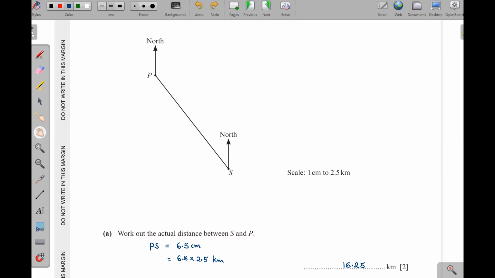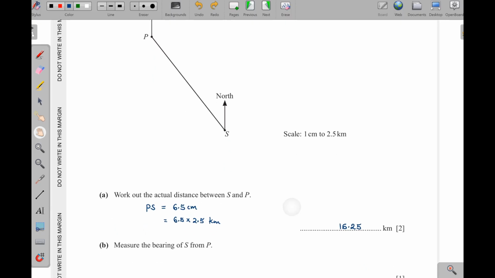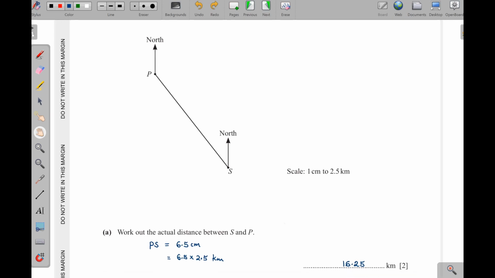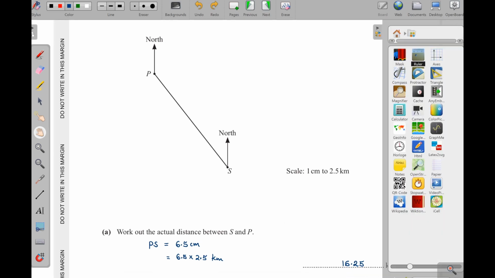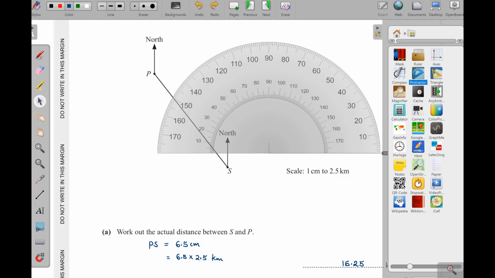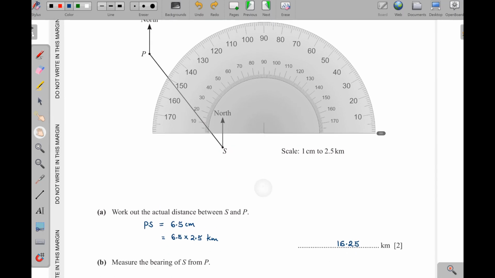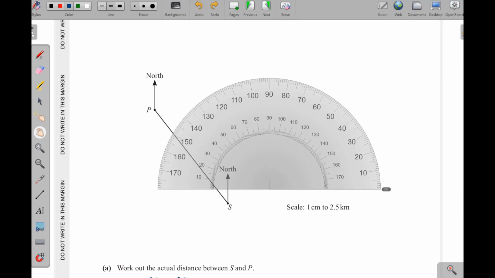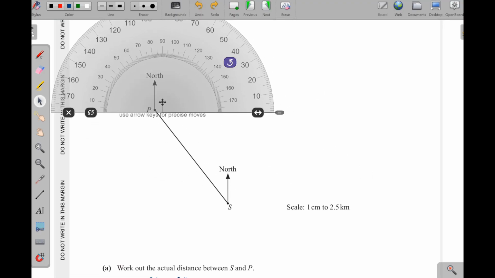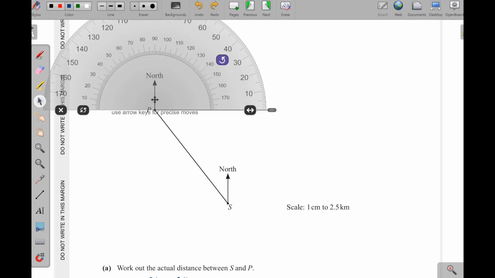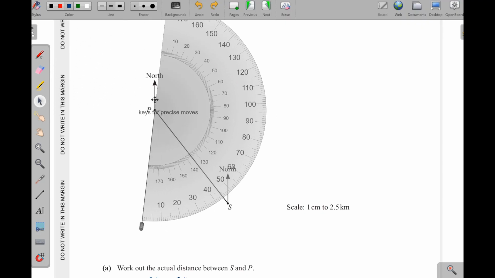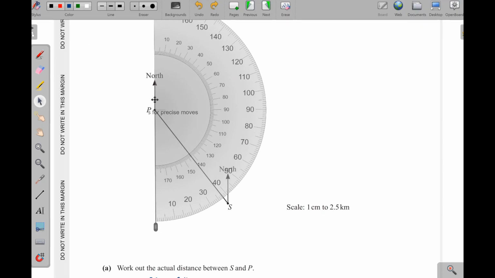You see that? Okay, now next they have told us, of course, to measure the bearing of S from P. So you need to get your protractor. So my protractor is here. We take it to P. They said from P, okay? So we bring it here on P. Remember, we measure bearings from the North Pole, and then we move clockwise.